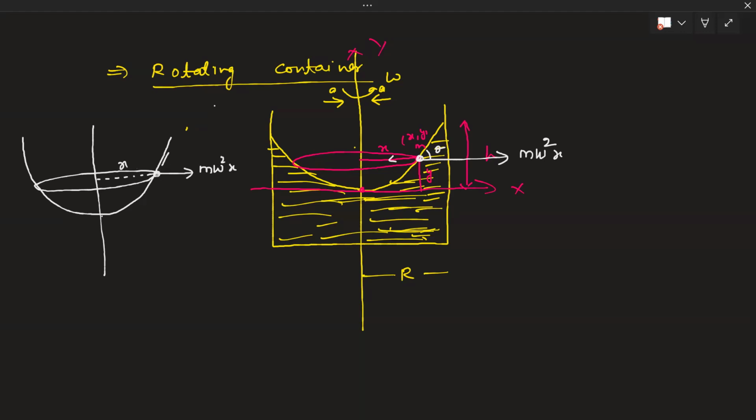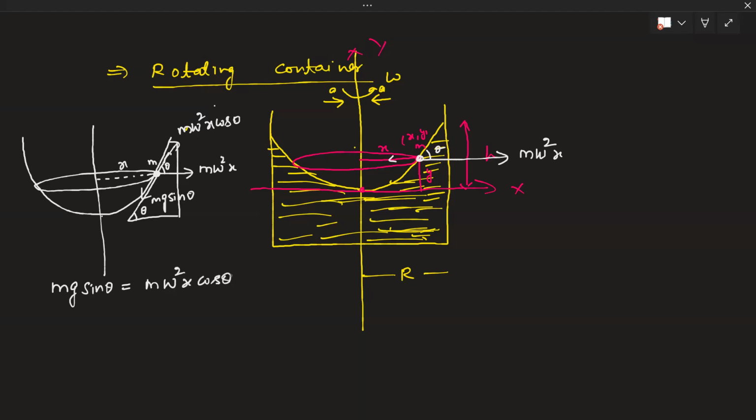If I draw an incline here, this angle I take as theta, this angle will also be theta. So this force will be m omega square x cos theta. And as mass m is there, down the plane there is always mg sine theta.